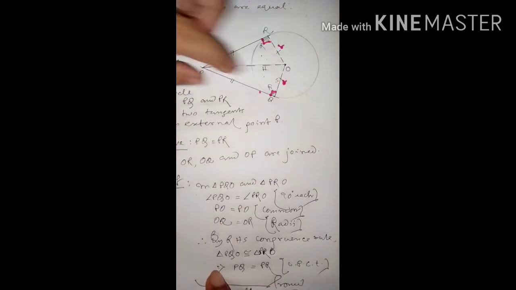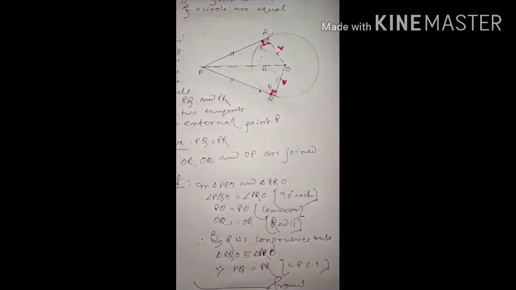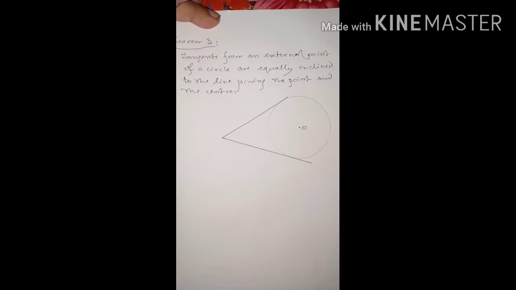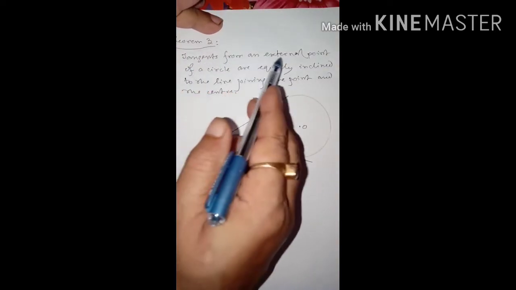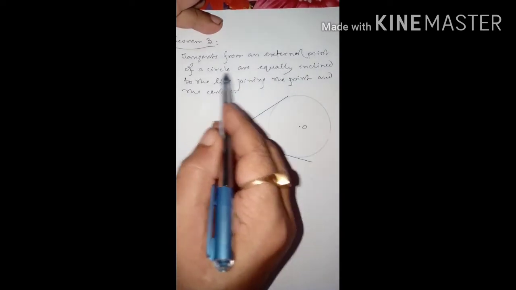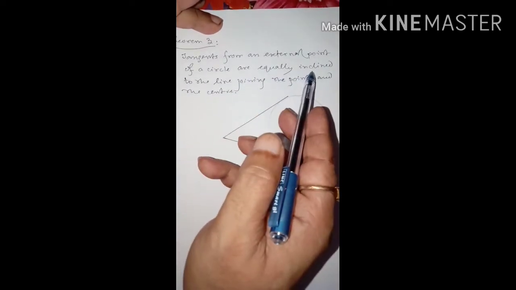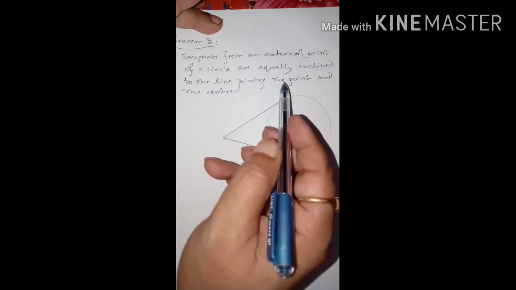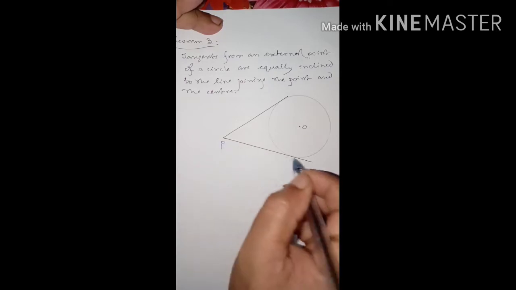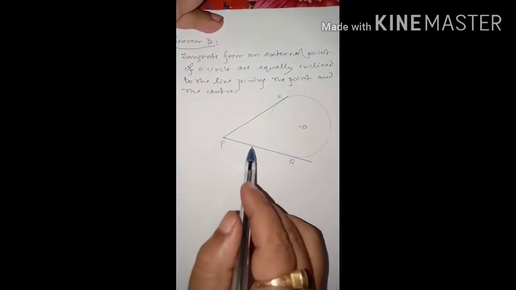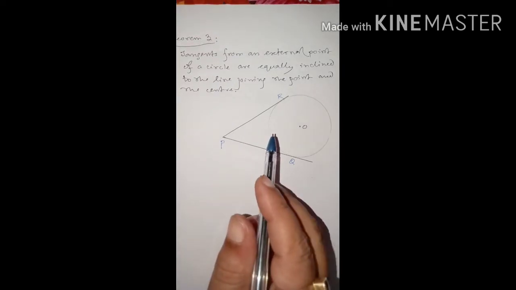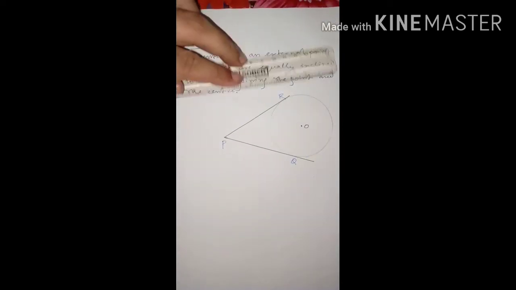Tangents from an external point of a circle are equal. Okay, very important here. In this theorem, it is said that tangents from an external point of a circle are equally inclined to the line joining the point and the center. Meaning, this is tangent PQ and this is tangent PR. Both are inclined towards this line which is joining the point and the center.